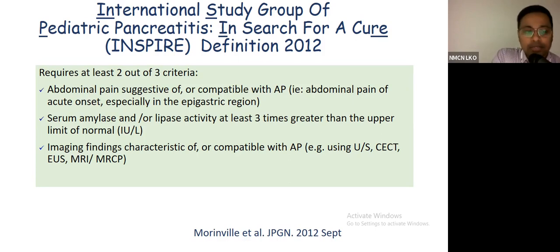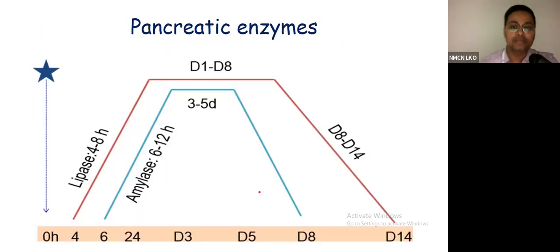Along with that, there should be elevation of serum amylase and/or lipase activity at least 3 times greater than the upper limit of normal. And on cross-sectional imaging, findings characteristic of or compatible with acute pancreatitis. So in our child, we had all 3 positive. Our diagnosis was acute pancreatitis.